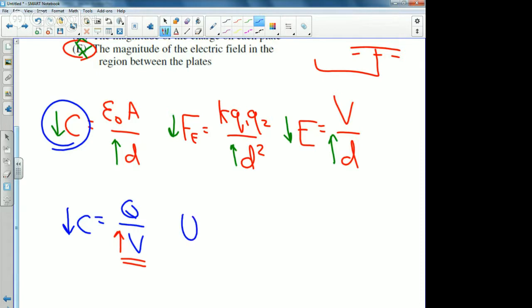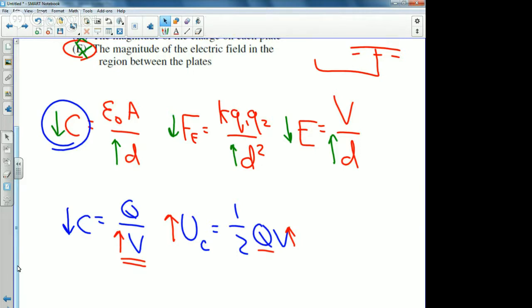However, also U_C, the energy in a capacitor, is equal to 1/2 QV. Q stays the same, V goes up, energy goes up as well. So this was actually a very complicated answer for a simple question. Okay, but it gives us a good review of all the formulas. Capacitance based on size of the plates and distance between the plates, and the electric field created by parallel plates.